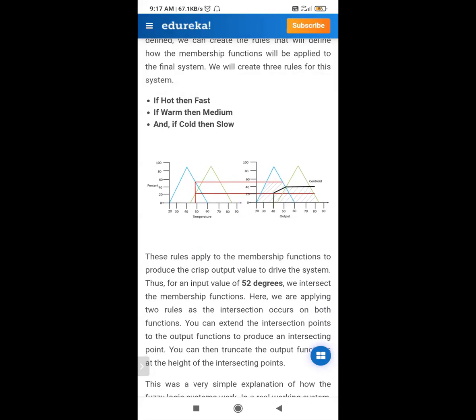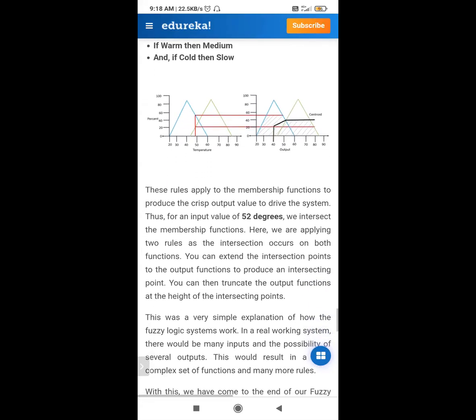Okay, like this. Now, like this, the graph is to be drawn here. Next one. These rules apply to the membership functions to produce the crisp output value to drive the system.